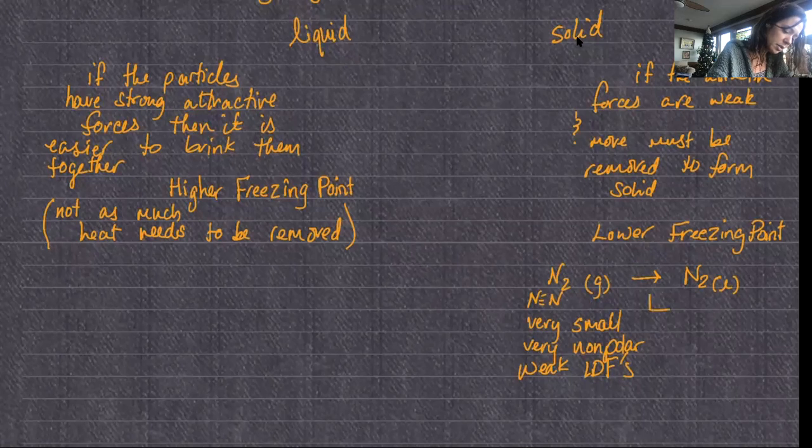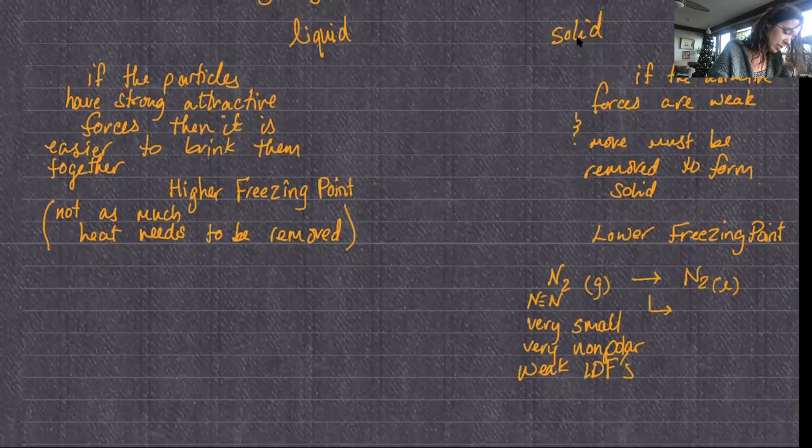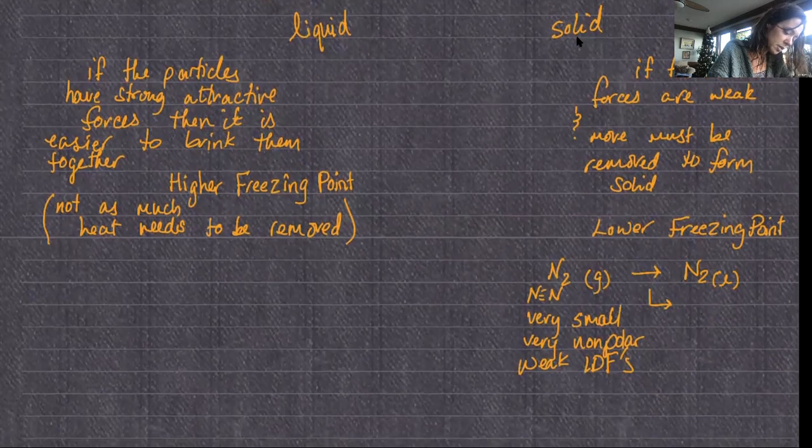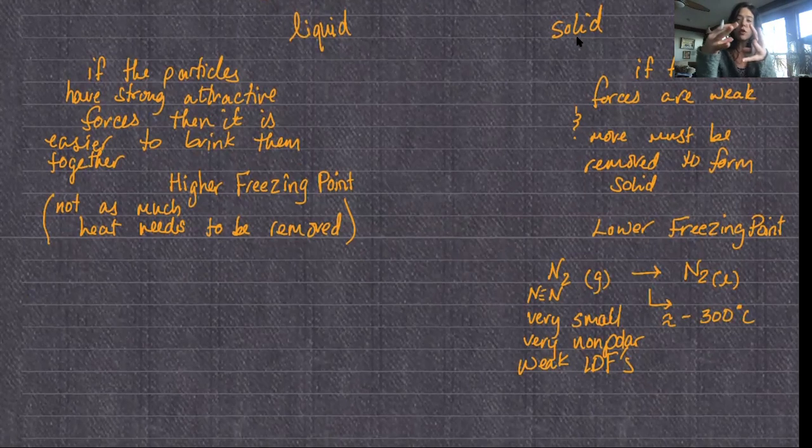Actually, this is the opposite of boiling. This is the condensation point. So you've got to get it really cold, like negative 300-ish degrees Celsius, right? But you've got to get it really cold to push those together. That would be a condensation point, right? But you see how we've got to remove so much heat to make that happen.